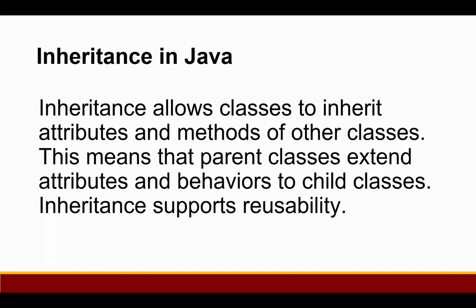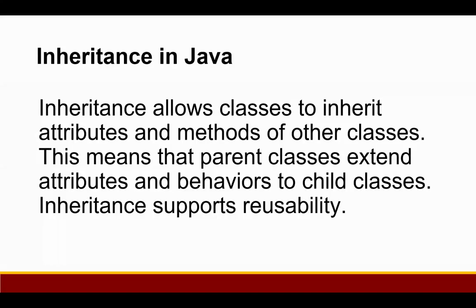Now, specific types of humans like students or athletes can actually inherit these general abilities while also having their unique attributes and behaviors. Now, in a similar way, in Java, a subclass can inherit fields and methods from a superclass.